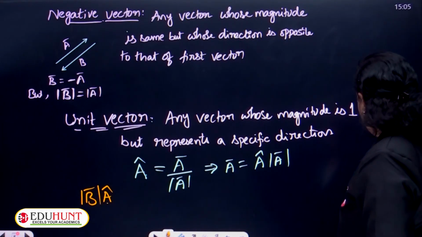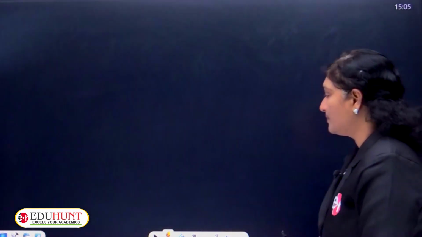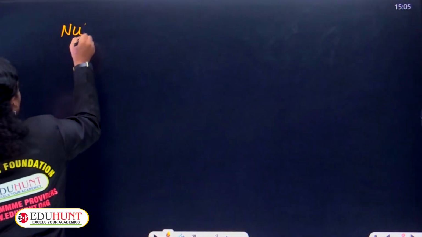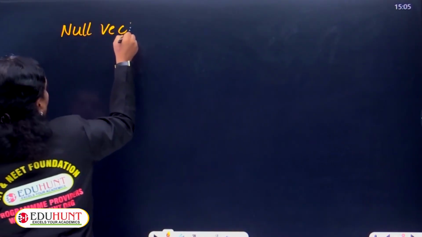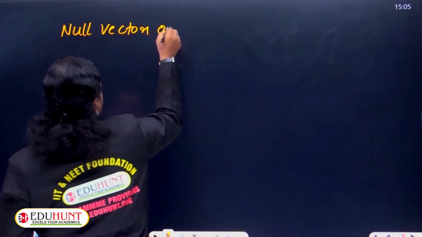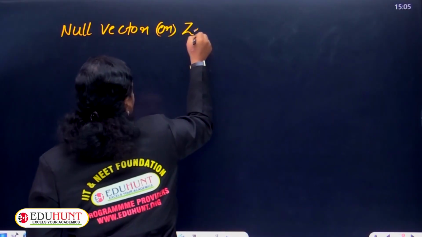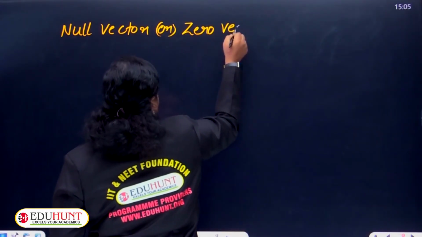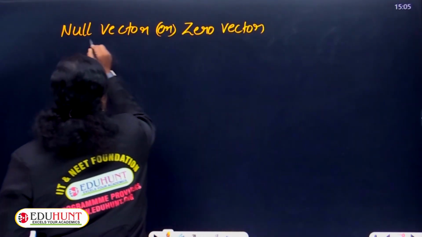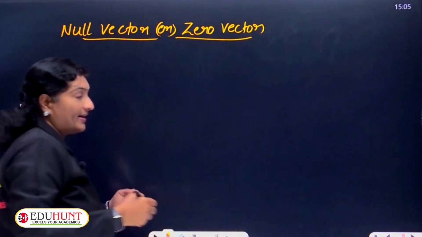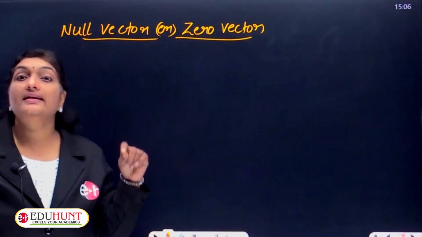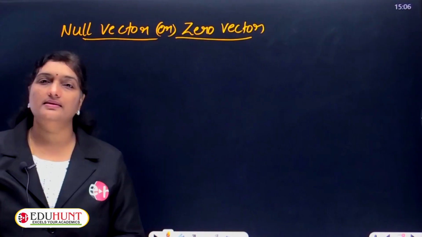So now moving to the next case, children: the null vector, or the zero vector. So what is a null vector or a zero vector? A vector whose magnitude is 0 is called a null vector.